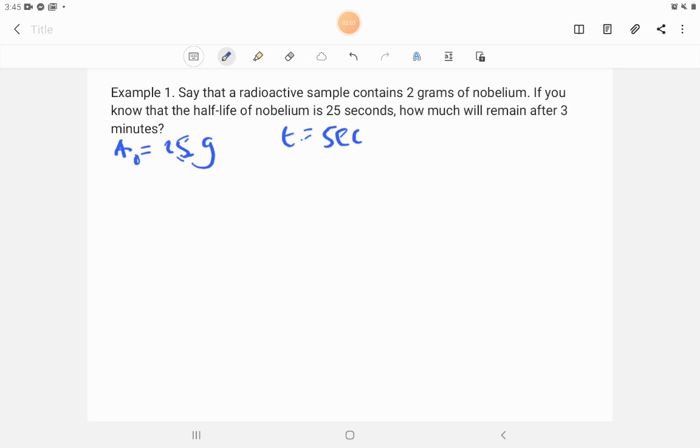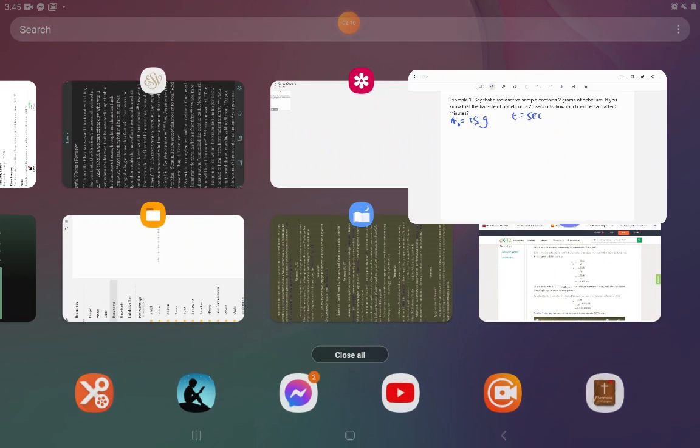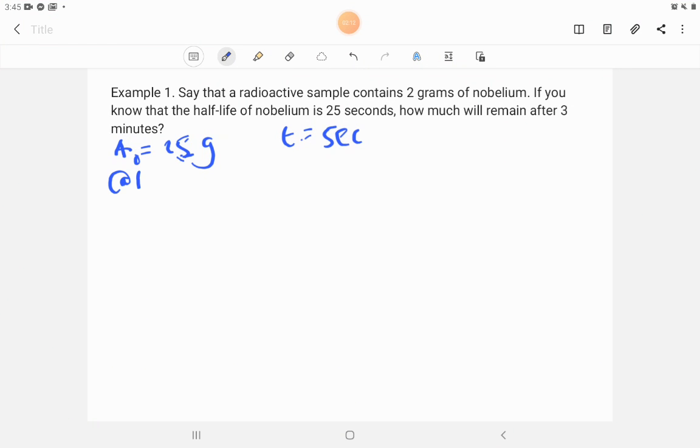Say that a radioactive sample contains 2 grams of nobelium. That means at t equals 0, we have A equal to A sub 0, because that is the amount of substance when t equals 0, or that is simply equal to 2 grams. Then the equation is A equals C e to the kt. We have derived this in our previous video, right?